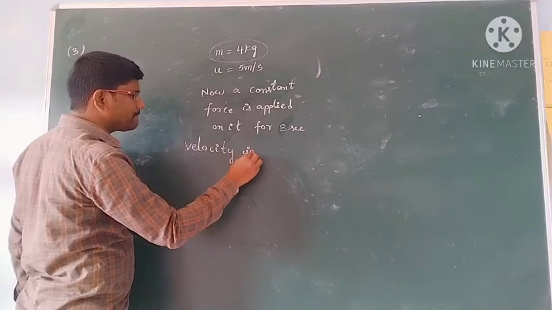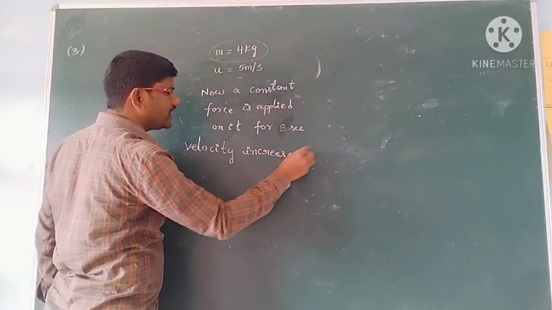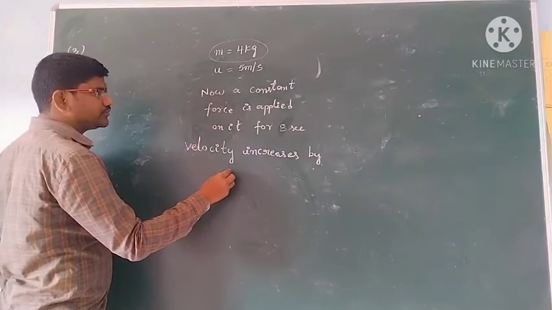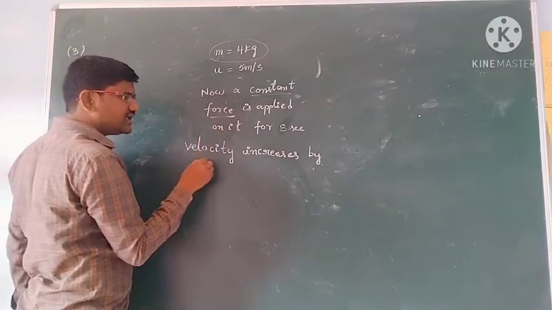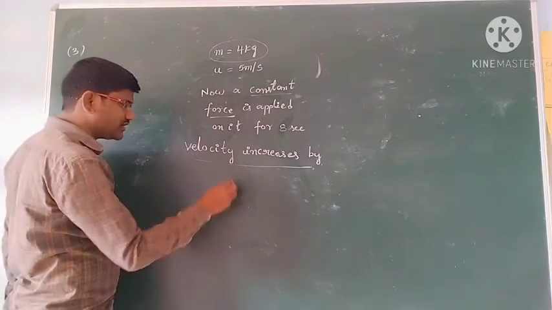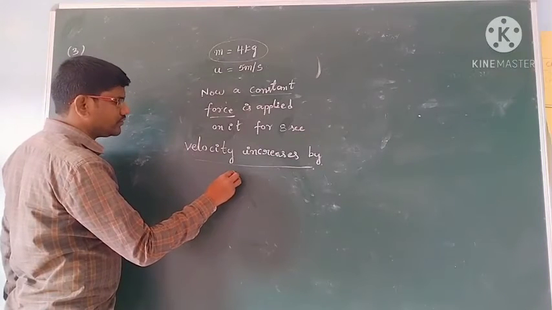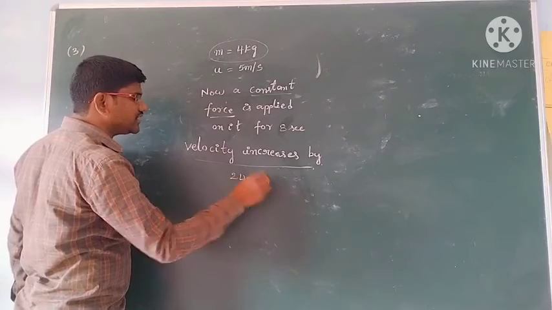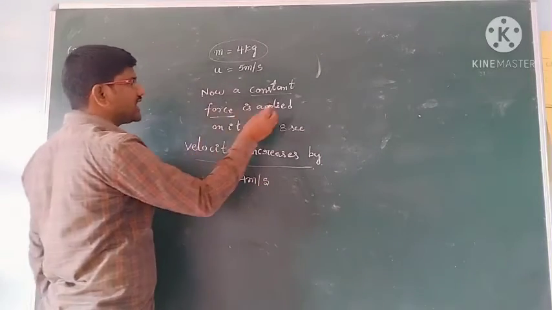Because of this constant force, the velocity increases by 24 meters per second. The velocity of the object increases by 24 meters per second. Find the constant force acting on it.